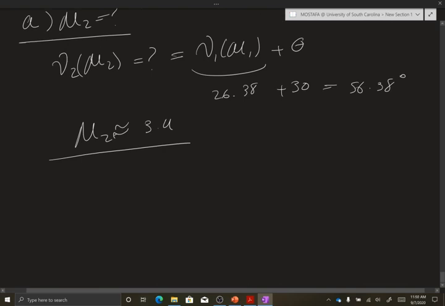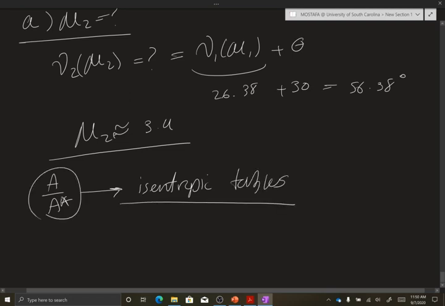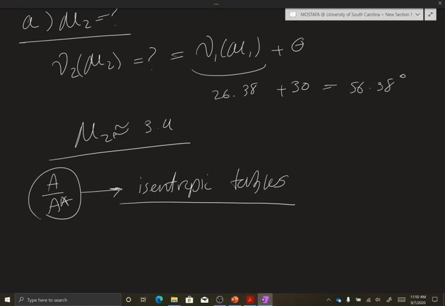It's pretty easy. This time we need to use the isentropic tables, and find the value of A over A star, right?